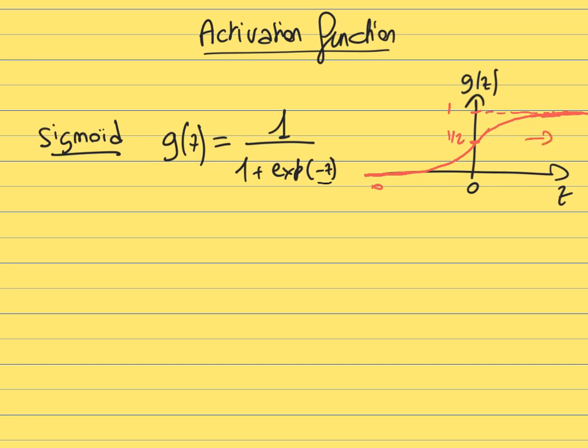If z is very large, then the neuron is going to be activated and going to transmit an output signal. If z is very small, then there is no signal being transmitted by these neurons. And in between, when z is close to 0, then you have an intermediate signal that is being transmitted, which is a non-linear transformation of z.